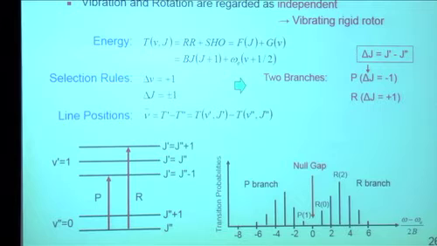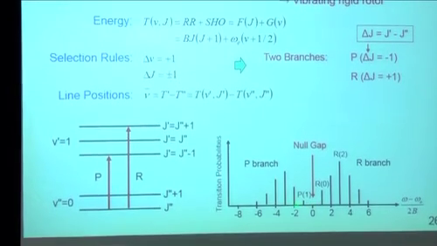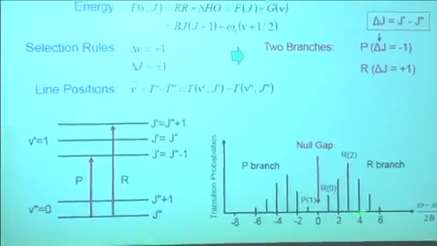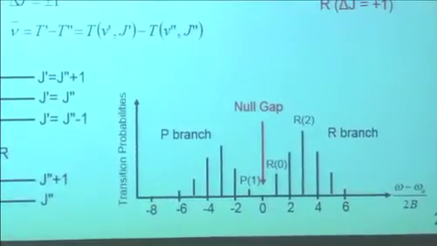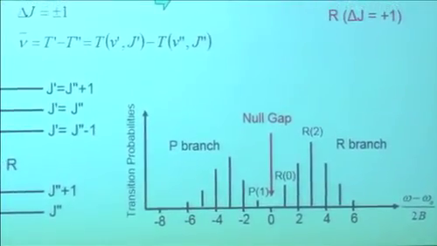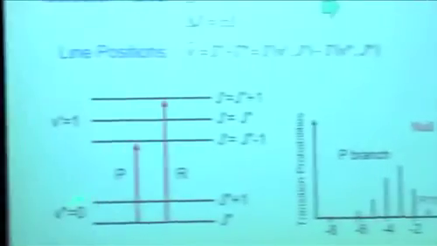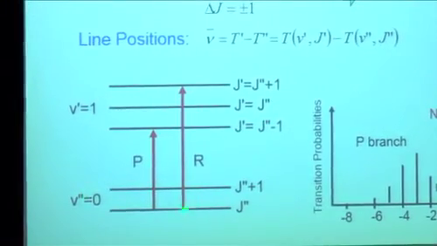And so now when I finally plot the absorption spectrum, I see an R branch, and there's a center. That's called the null gap. That's the rotationless transition wave number. Then you get a different wavelength for each value of J. You get a different line. So here we have V equals 0 and a given J, V double prime 0, J double prime.